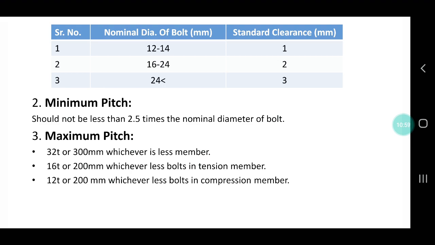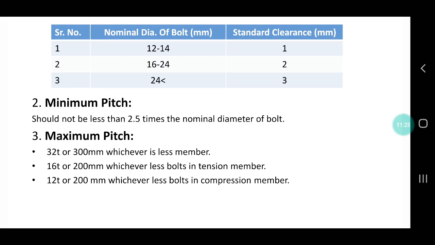Second point is 16T or 200 mm, whichever is less, for the bolts in a tension member. When there is a tension member, the maximum pitch should be 16T or 200 mm. Next, 12T or 200 mm, whichever is less, for the bolts in a compression member, where T is the thickness of the thinner plate.